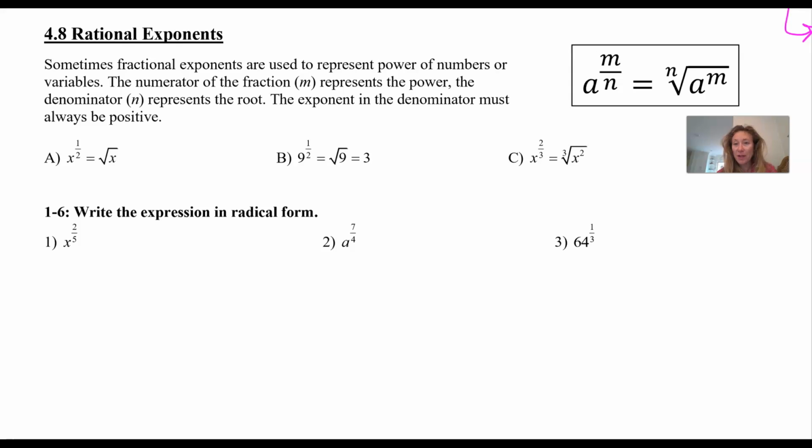We've got the denominator n, and that's the little number that's going to go on the outside and in the pocket. We see that here and here. That's really important because we're going to be able to convert from a fraction exponent into a radical expression, or from a radical expression to a fractional exponent.